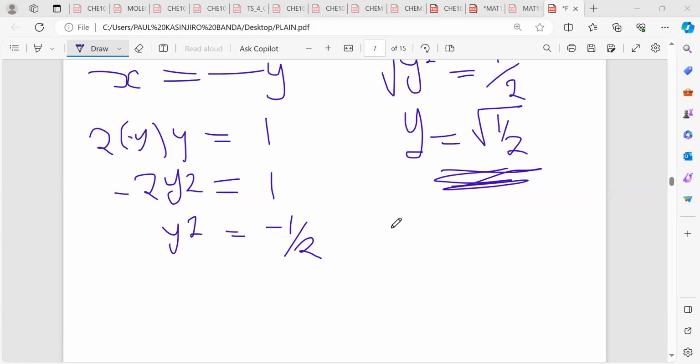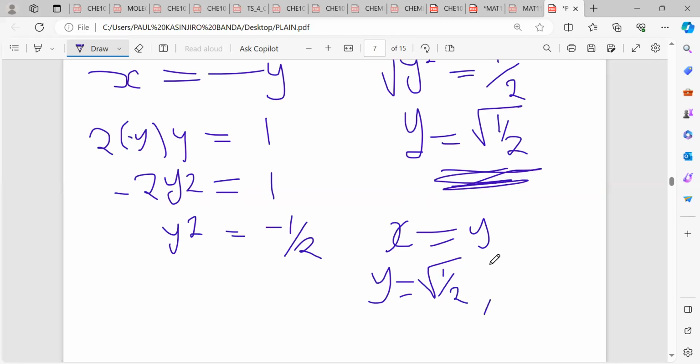And so we found that y is equal to the square root of half, like that. Meaning even our x there will be the same, equal to the square root of 1 over 2, like that.